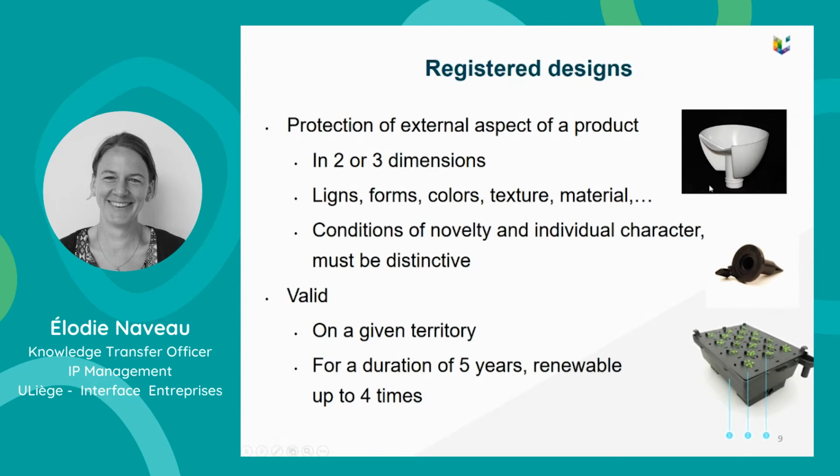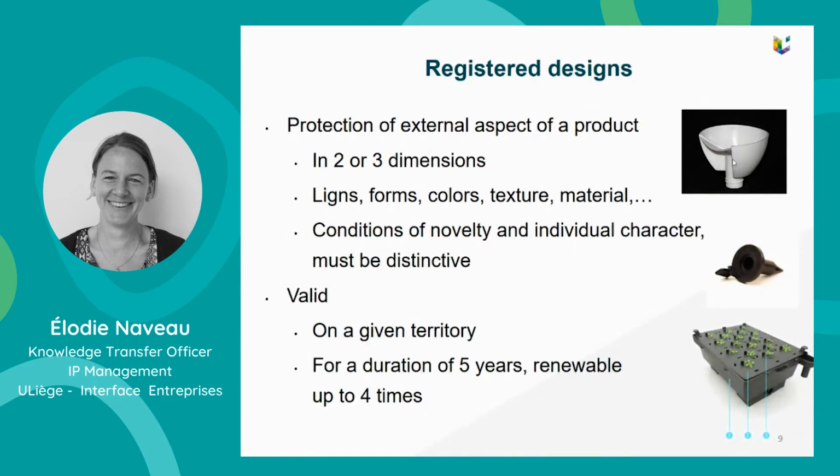If you recognize this picture, it is the device that is used at the university to collect saliva and have the detection of the COVID virus, SARS-CoV-2. This object was protected by a design.